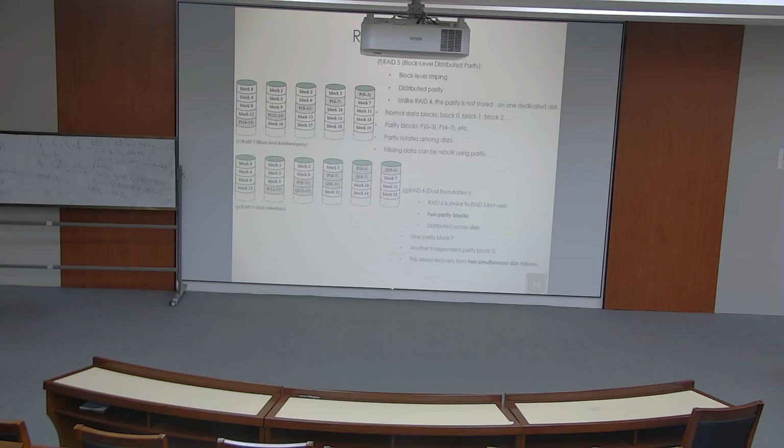If there is any missing block, it can be reconstructed using the parity information as well as the remaining blocks. This is applicable from level 3 up to level 6.